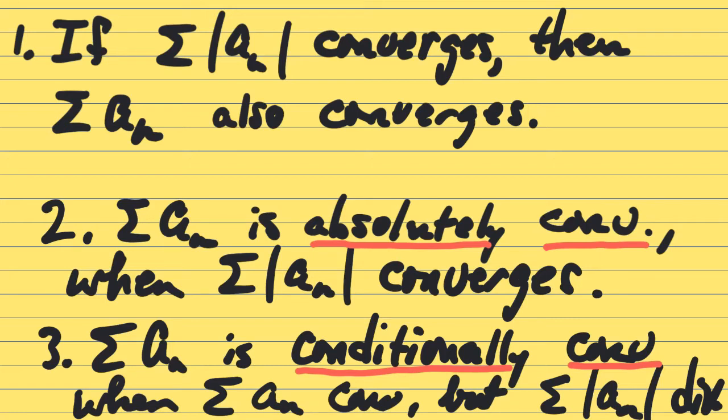And that series is called absolutely convergent. If you read through number 2, your series is absolutely convergent when the series with absolute values converges. Conditionally convergent occurs when the original series converges, but if you take the absolute value of the original series and it diverges, that's called conditional convergence. Let's look at some examples.